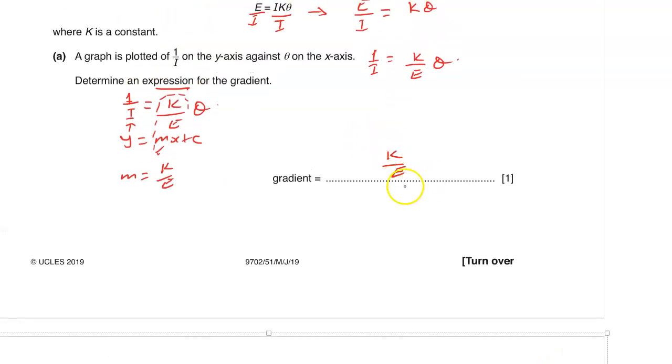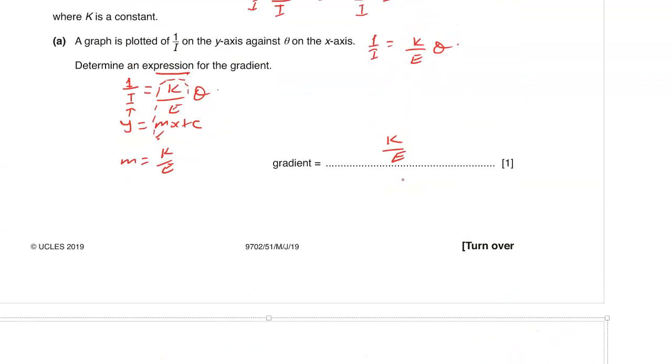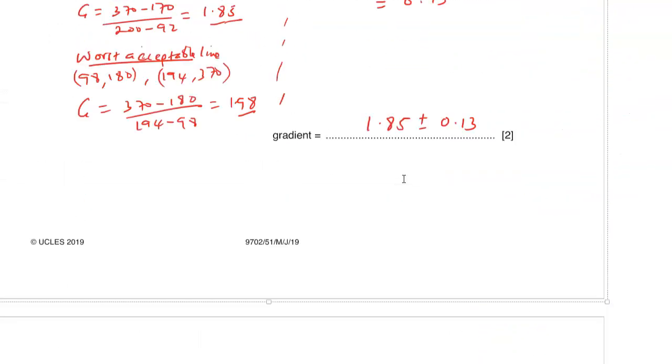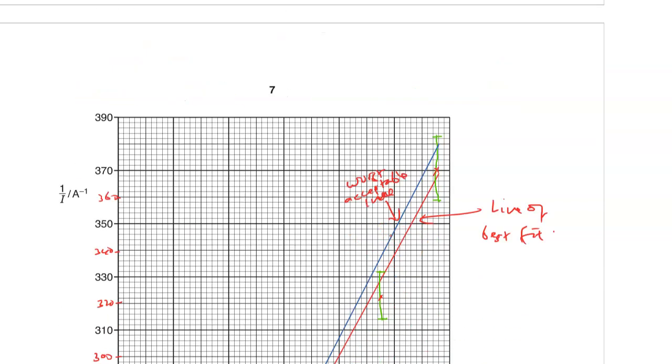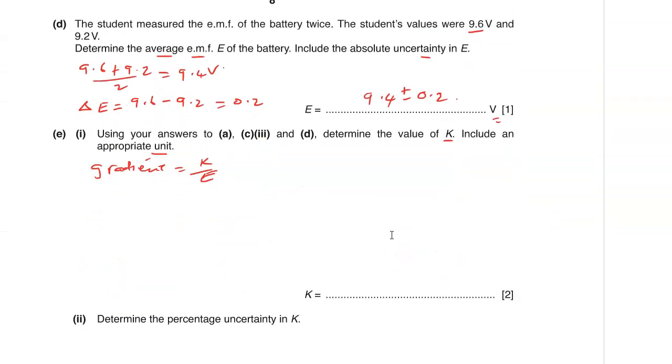Gradient is K upon E. So we use A and C part 3, which is the gradient that we have gotten here, and D, what we have gotten here. So K is equal to gradient times E. Therefore the gradient we had gotten is 1.85 times E, which I've gotten here to be 9.4.